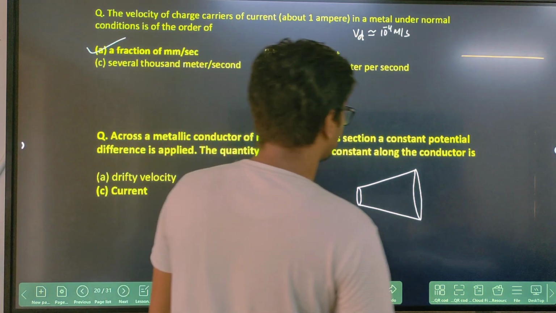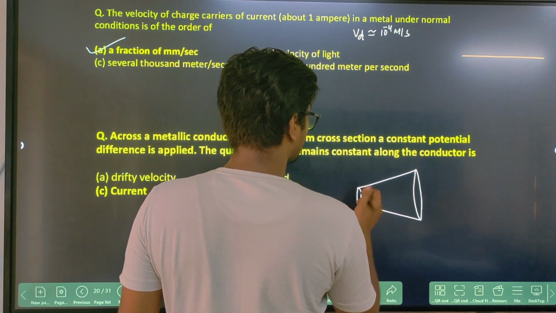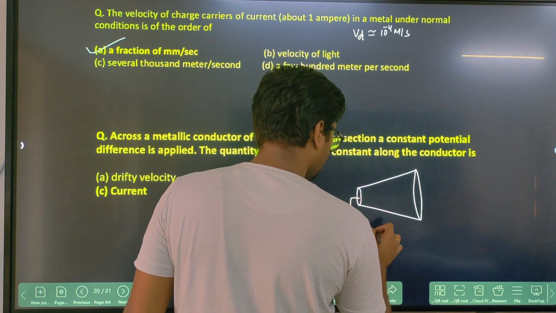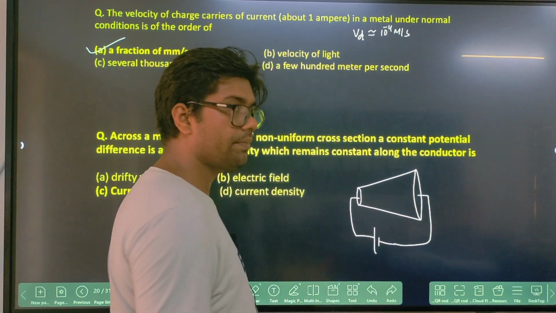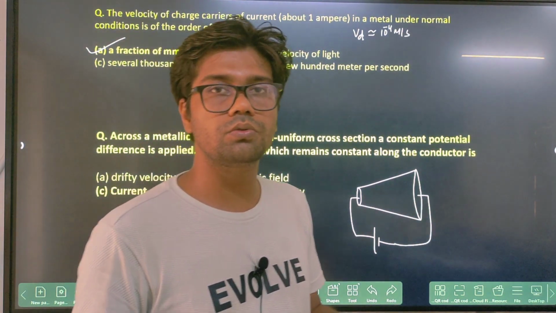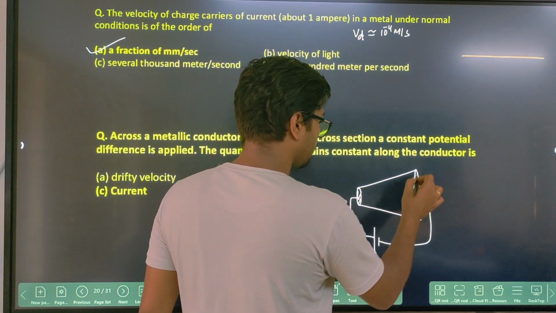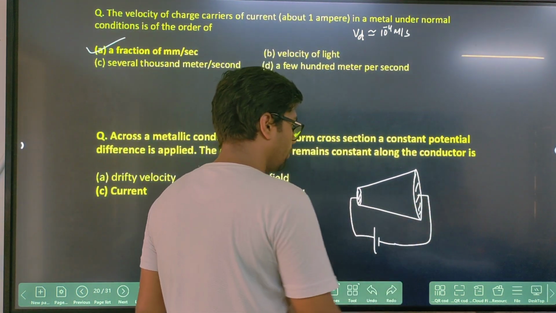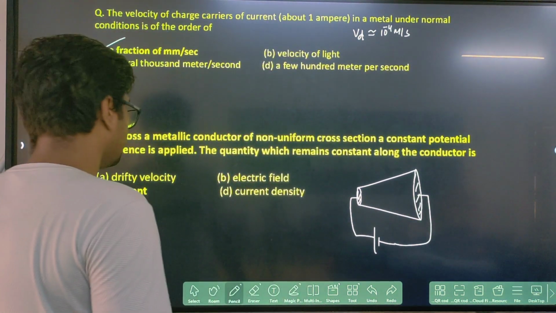Constant potential means I will join a battery. The battery's work is to maintain a constant potential difference between the two ends of a conductor. We will see this in the battery chapter, but remember it now.